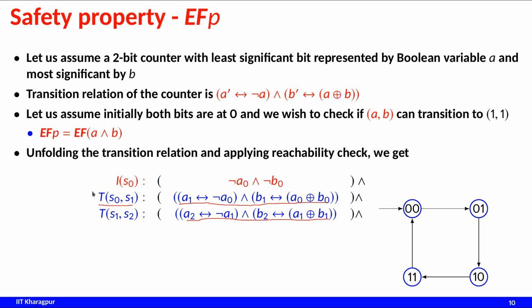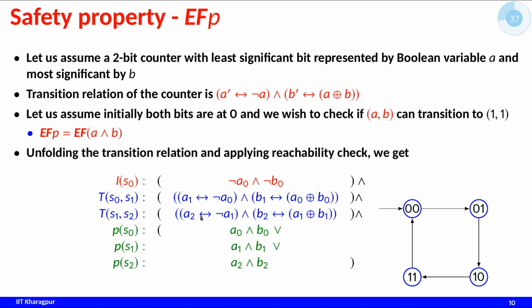So we are unfolding up to 2 time steps, we are not unfolding more than that. And what we would like to check is whether these conditions are satisfied in any one of those steps. If I have a path length of 2, then it can have at most 3 states.